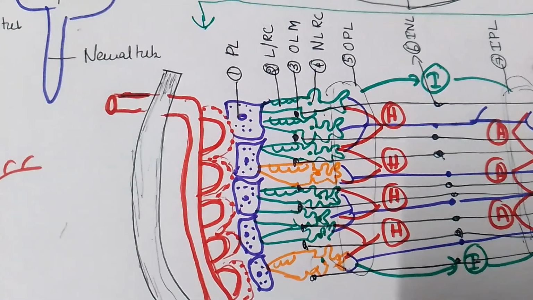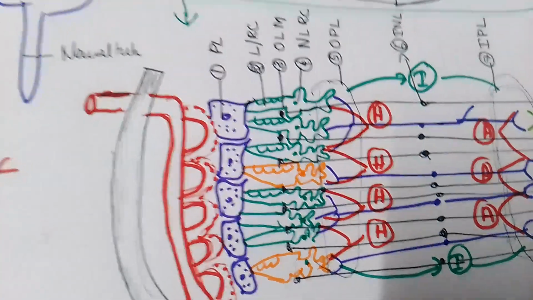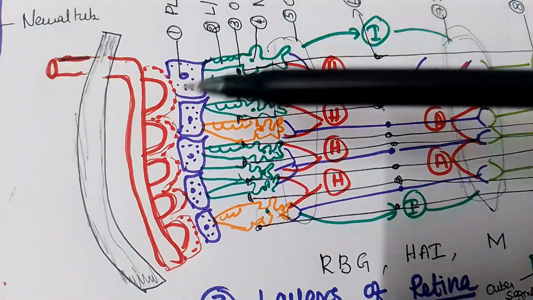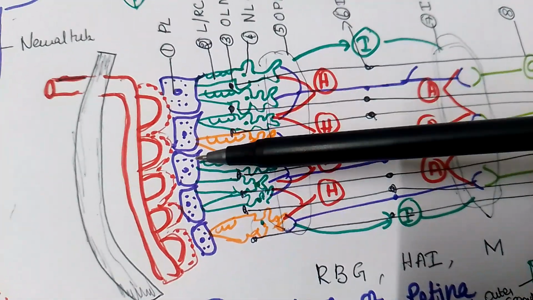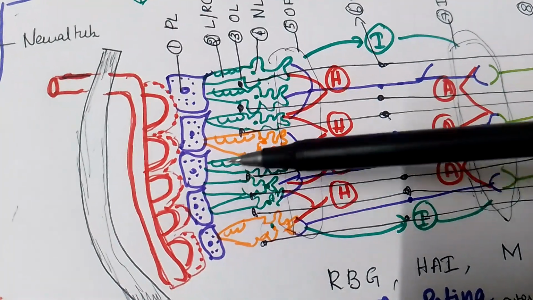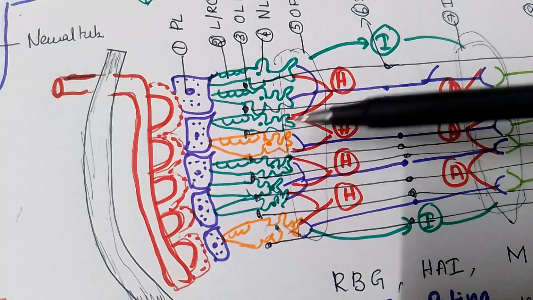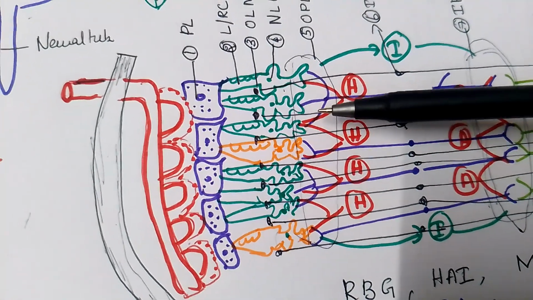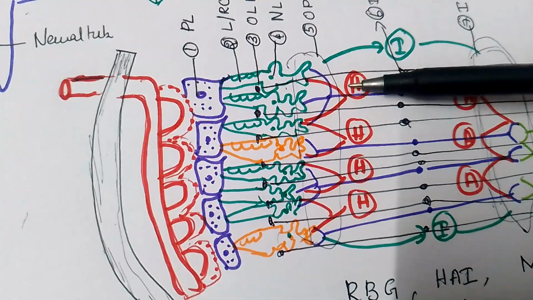So when RBG cells take the information from outside to inside, when the light falls into the rods and cones, they produce some graded potential. These graded potentials modify the activity of the bipolar cells.